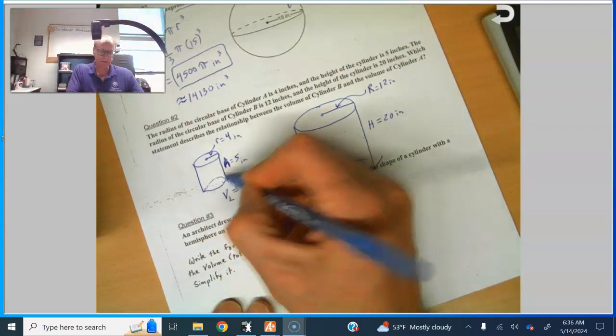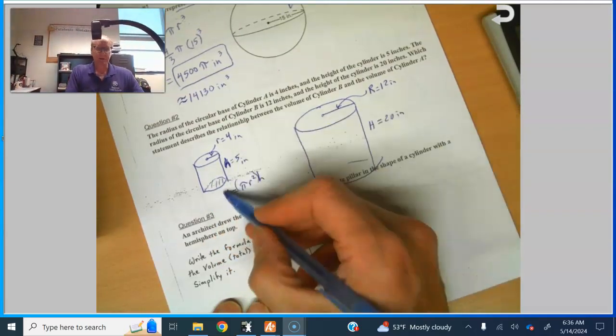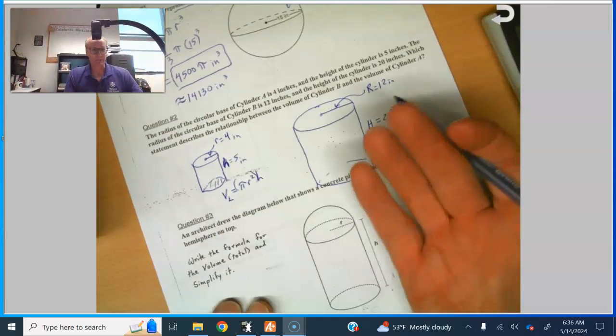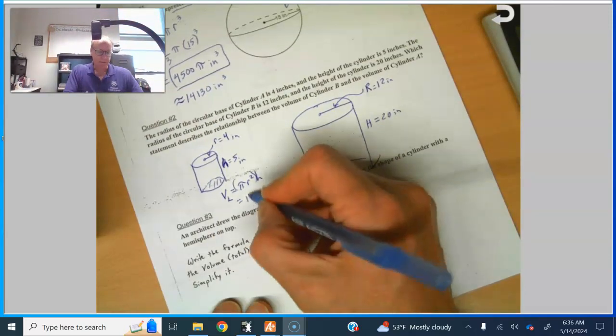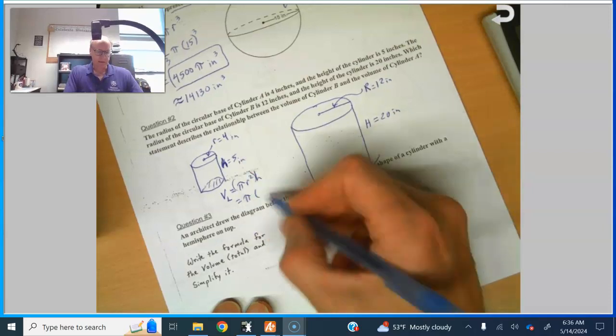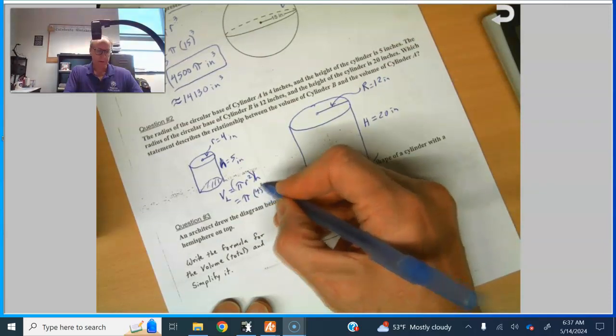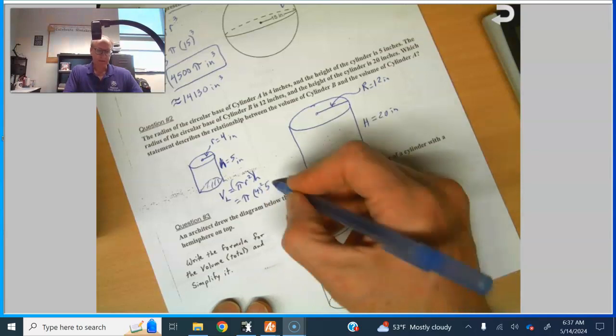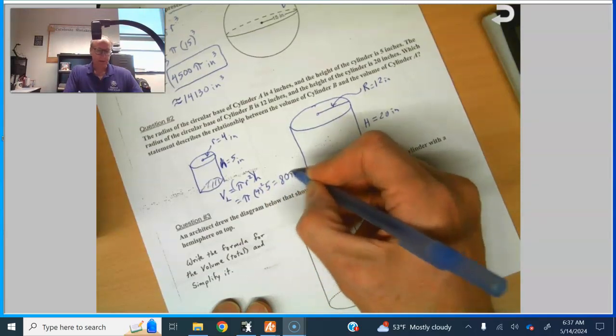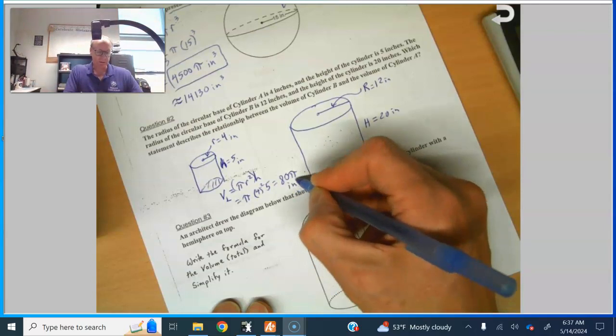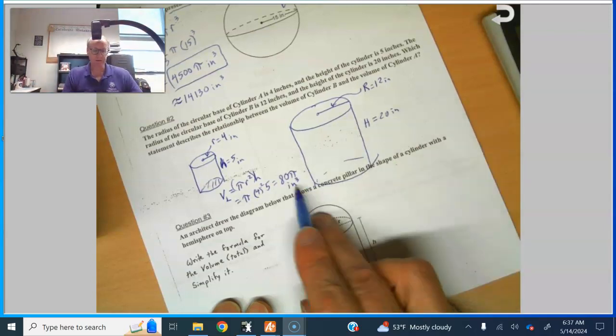This is the base, that circle down there, and I multiply it by the height to get my volume. The radius squared is 16 because it's 4 squared. I'll just leave 4 squared there, times h, which is 5, and that's going to be 80 pi. Now this is an exact answer, and it's cubic inches.